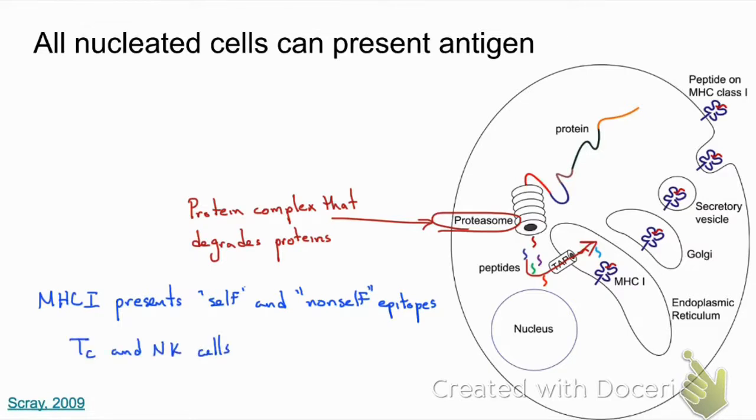There are really two main types of cells that do look for the presence of MHC1 and epitopes loaded in MHC1. And these are known as cytotoxic T cells, or TC cells, and natural killer cells, or NK cells. And we'll talk about both of these when we discuss T helper cells.